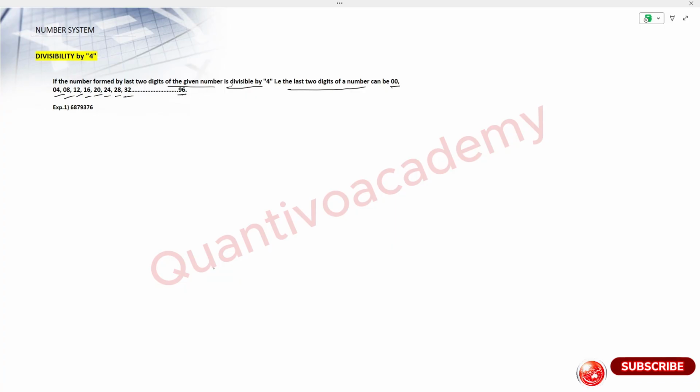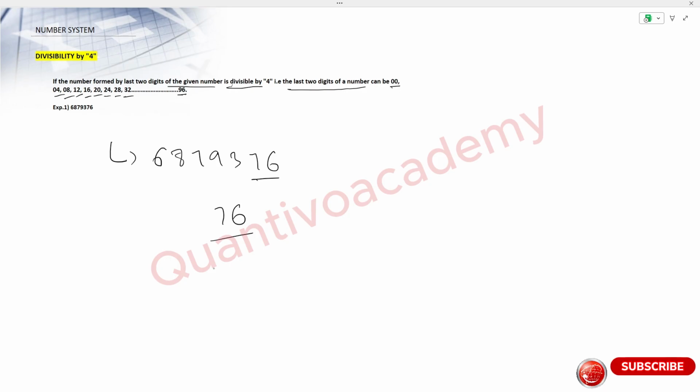Now let's understand the divisibility by 4 with an example question: 6879376. Let's see only the last two digits. The last two digits are 76. Let's divide this 76 by 4.